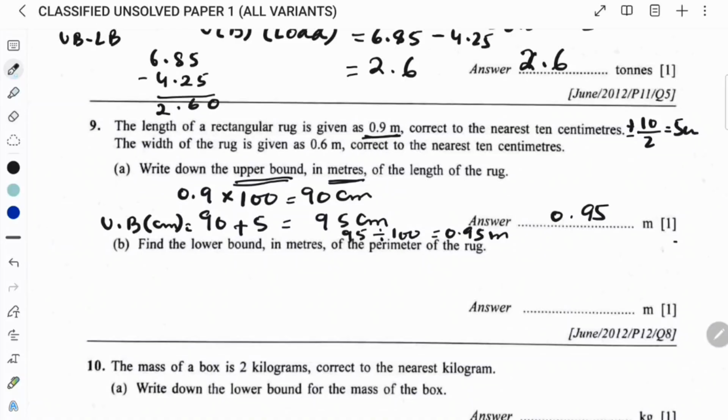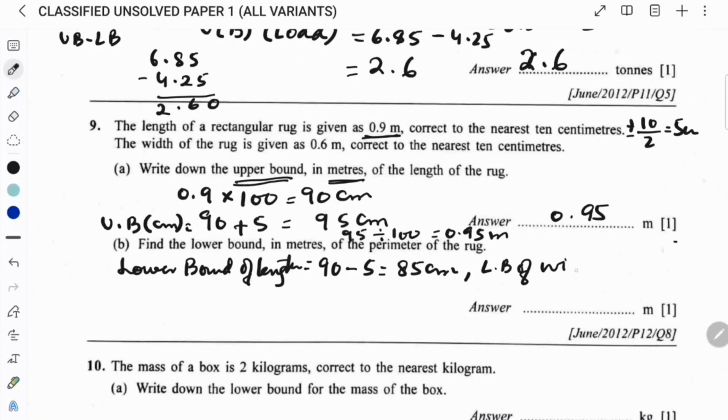Lower bound of the length is 90 minus 5, which is 85 centimeters. Now the lower bound of the width, which was 60 centimeters minus 5, is 55 centimeters.